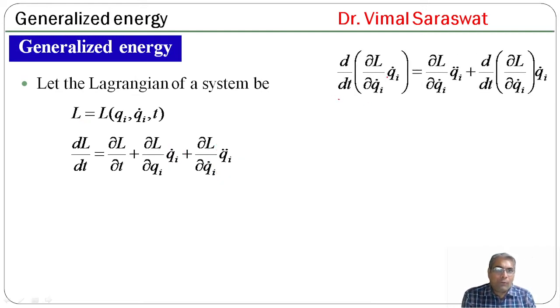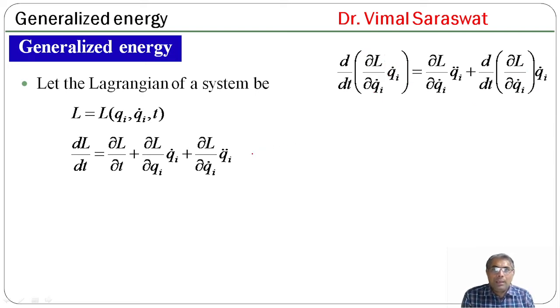Since we are differentiating d by dt of del L upon del qi dot into qi dot with respect to time, it is the product of two functions. First one is del L upon del qi dot and second one is qi dot. So if del L upon del qi dot is treated as constant and we differentiate qi dot with respect to time, we get del L upon del qi dot into qi double dot, and the second time qi dot is our constant and we differentiate del L upon del qi dot with respect to t, that is d by dt of del L upon del qi dot into qi dot.